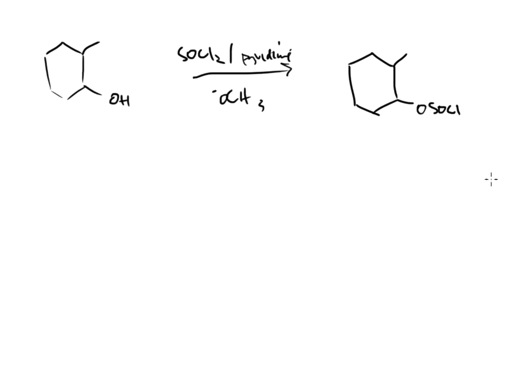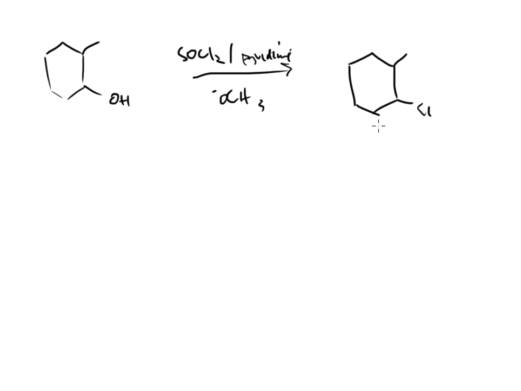And then the chlorine goes on from that SOCl2 group. That chlorine kicks that back off, and we have just now halogenated that compound. So there's the first step. My SOCl2 group reacts with the OH, that leaves, and my Cl goes on.